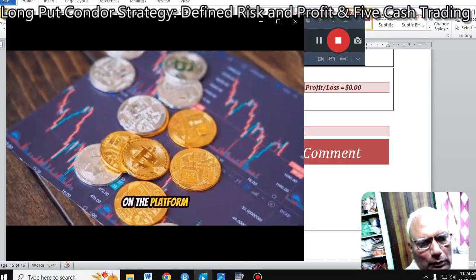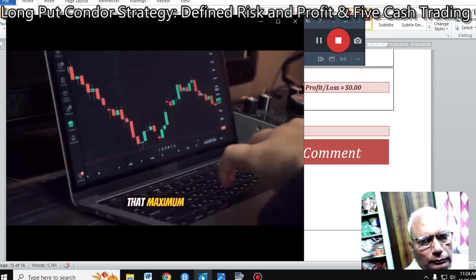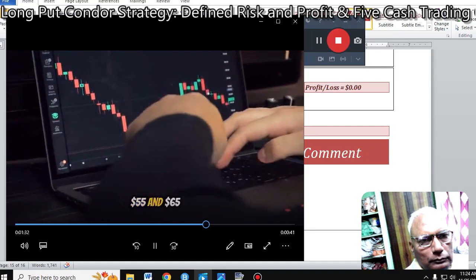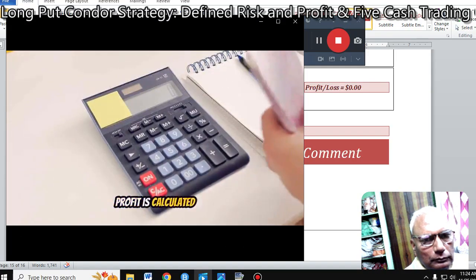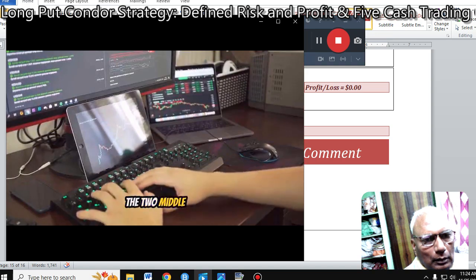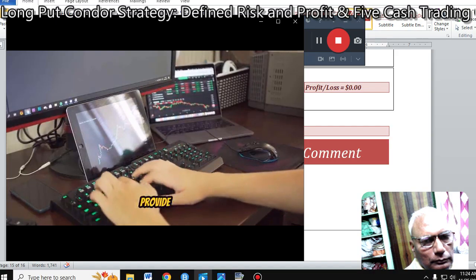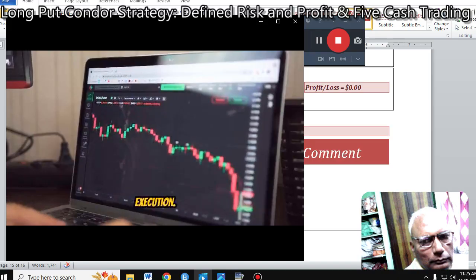Price charts on the platform visually show the risk and reward profile, highlighting that maximum profit occurs if the stock closes between $55 and $65 at expiration. The minimum profit is calculated by subtracting the net premium paid from the difference between the two middle strike prices. Fidelity and similar brokers provide tools to structure this trade and analyze outcomes before execution.